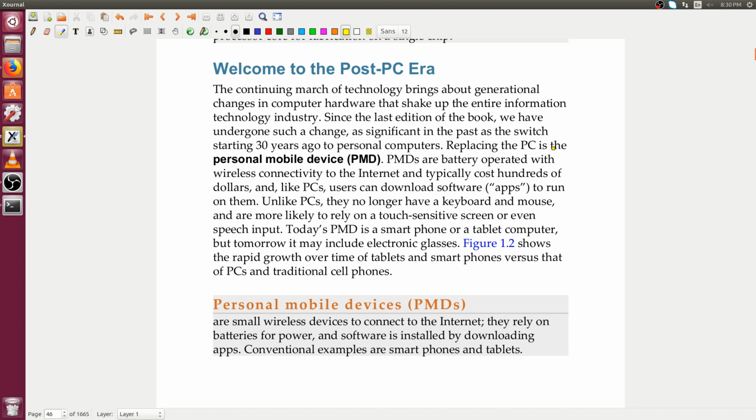Replacing the PC is the personal mobile device. Most people don't need a computer anymore. They have a computer at work, maybe, or maybe they don't. If you have a service job, it's very likely that you don't need a computer for a lot of things.